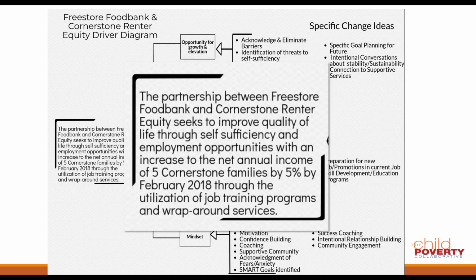So to that end, what does make up the aim statement is exactly the outcome that we're interested in. If we click once, I think we'll see this highlighted. Right in the middle of the aim statement here for Free Store Food Bank and Cornerstone Renter Equity, we see this beautiful portion of a sentence: increase the net annual income of 5 Cornerstone families by 5% by February 2018.